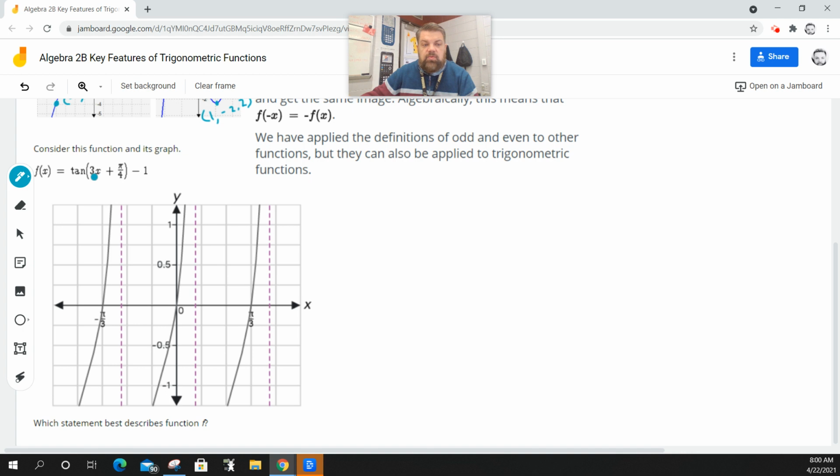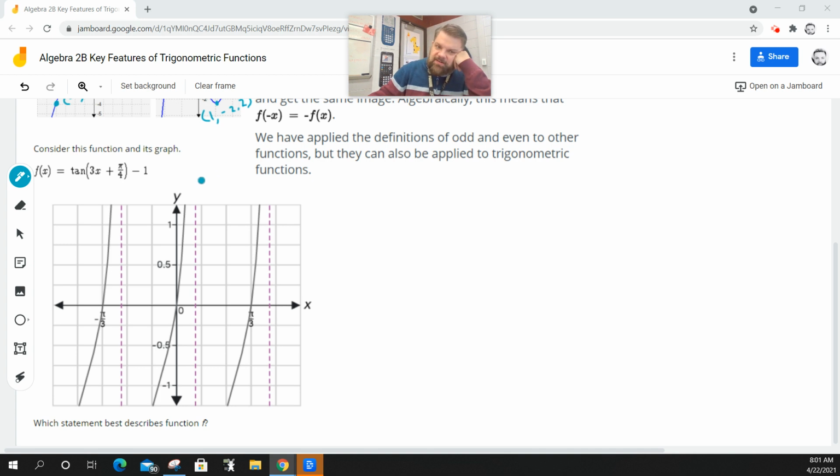Tangent of 3x plus pi over 4 minus 1. So we can determine if it's even or odd by looking at the negative values and the positive values. Well, first of all, it's not reflected.